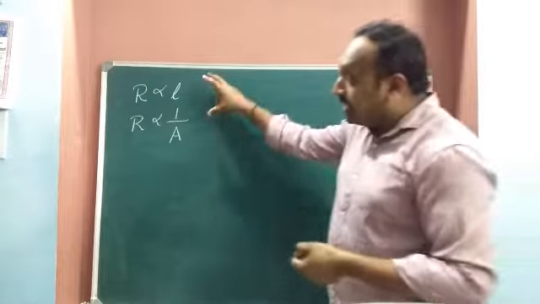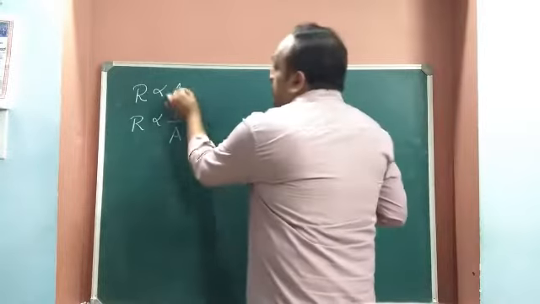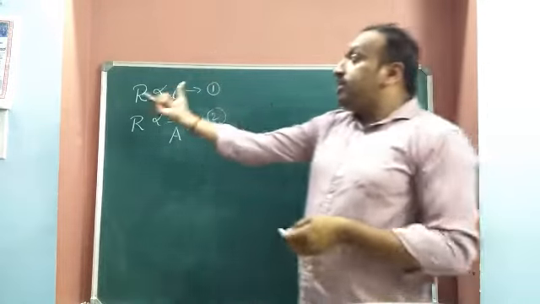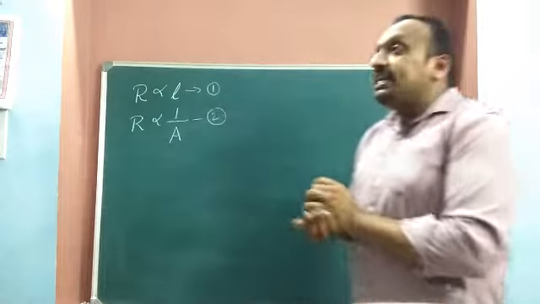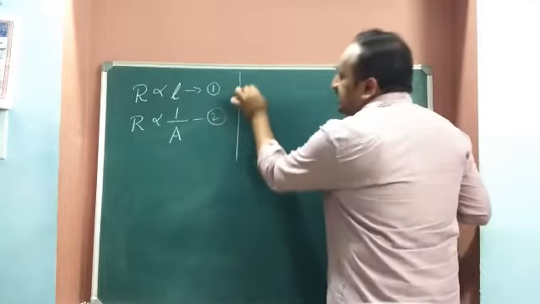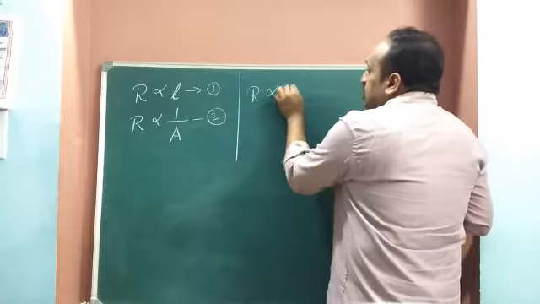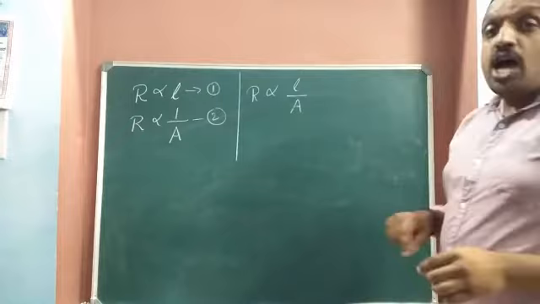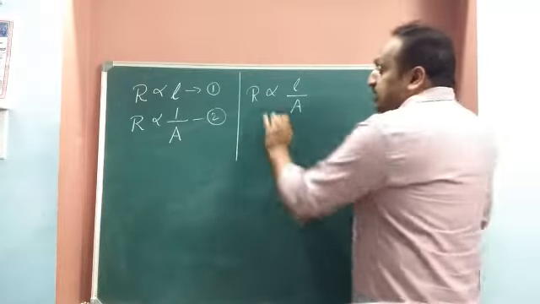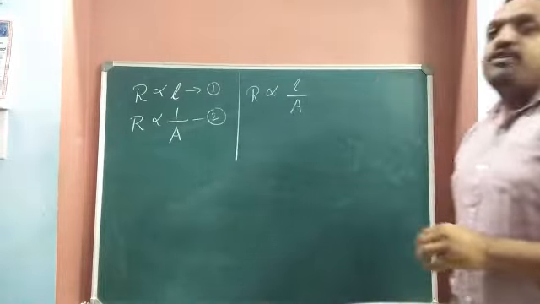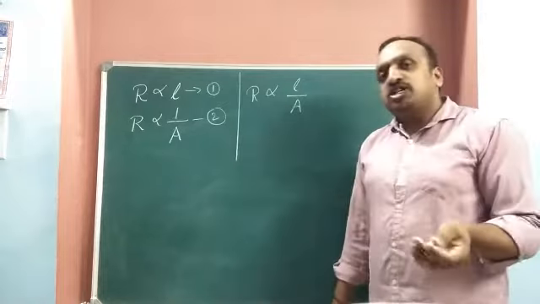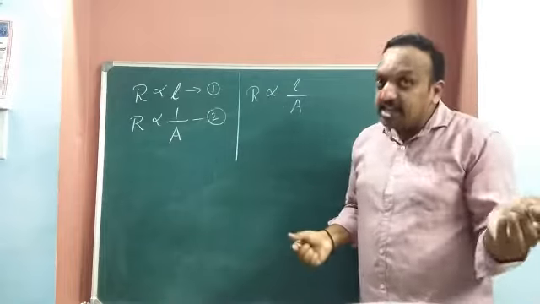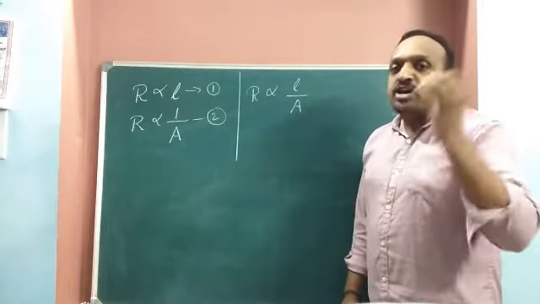So first let me take these two equations. Call it equation 1 and equation 2. When you compare equation 1 and 2, we can get one equation, that is R proportional to L by A. Now I need to replace this proportionality sign with the equal sign, and you know the procedure. If I want to replace this proportionality sign with the equal sign, then I need to multiply it by a constant.